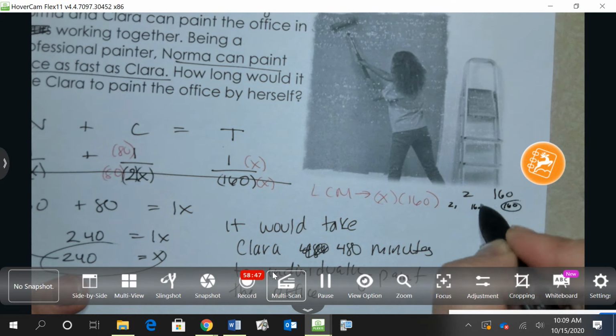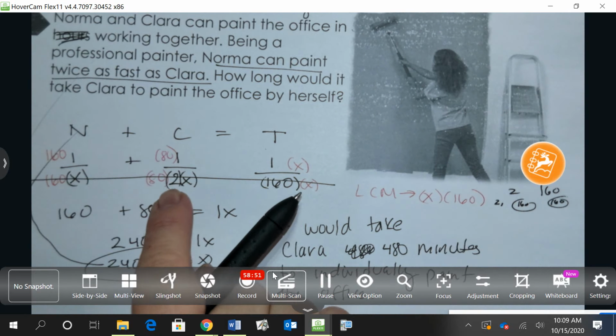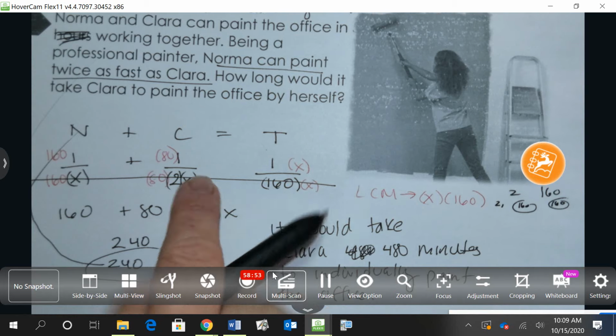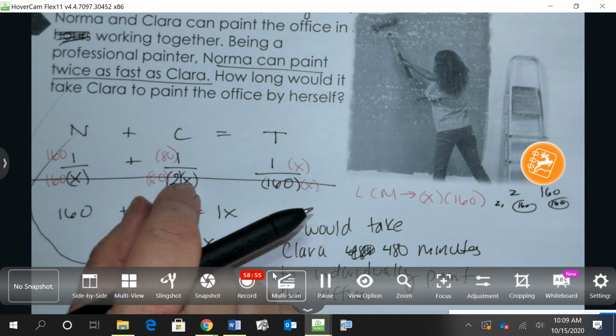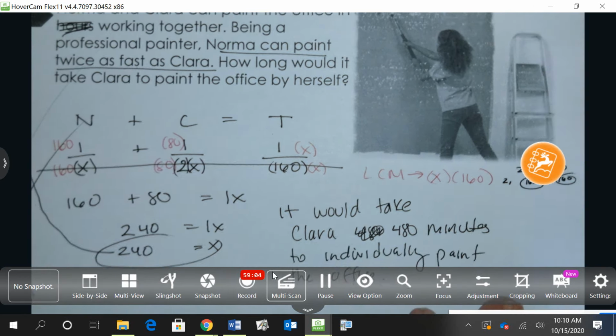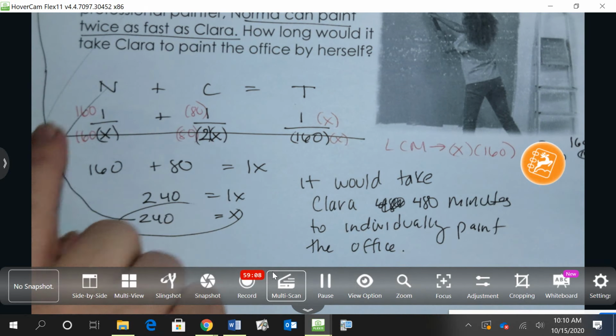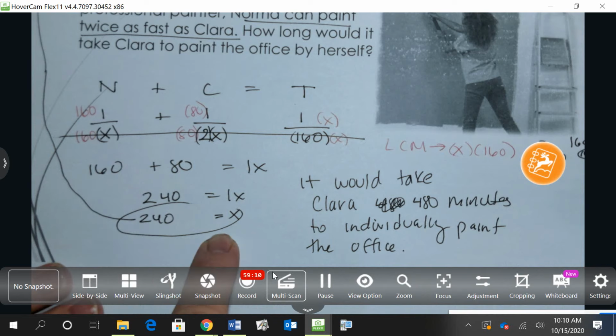So 160 and 160 would be the smallest number in each. That's why I came up with this. 2x is not the same as x plus 2. These are two separate things next to each other. It's not the same as an x plus 2. Hopefully that helps to clarify. So the LCM would be 160x. So I apply that to the bottoms, and I solve the top.